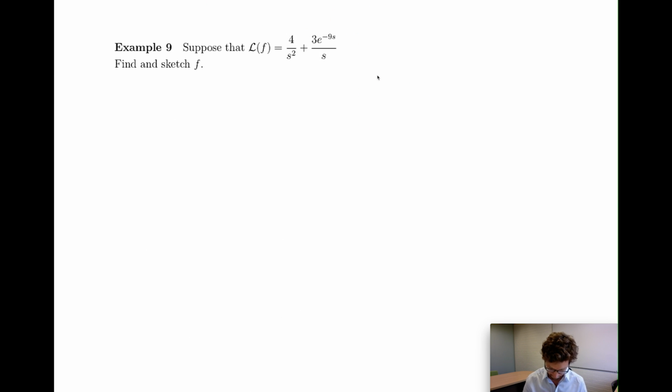Example 9. So here we're actually given an expression in terms of a Laplace transform, 4 over s squared plus 3e to the minus 9s divided by s. We're going to want to take the inverse Laplace transform of that to find our function f of t and then sketch it. So to do that, we're going to have to take a look at our tables.